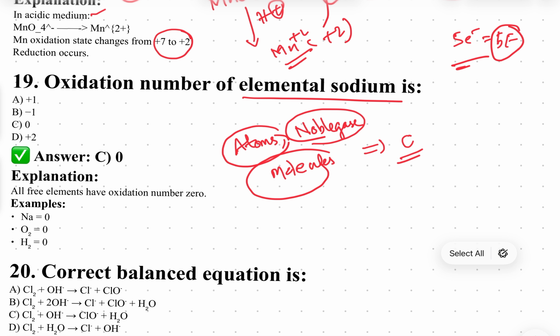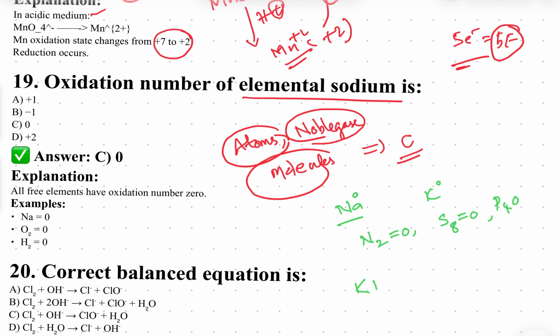For example, you can take any atom. I am taking elemental sodium. Given elemental sodium, its oxidation state is 0. Potassium, in its elemental form, is 0. Nitrogen in molecular form, N2, is 0. S8 is 0. P4 is 0.